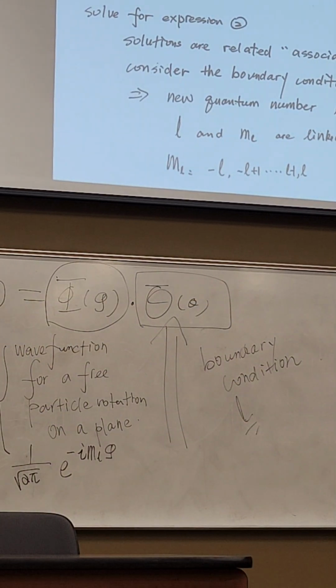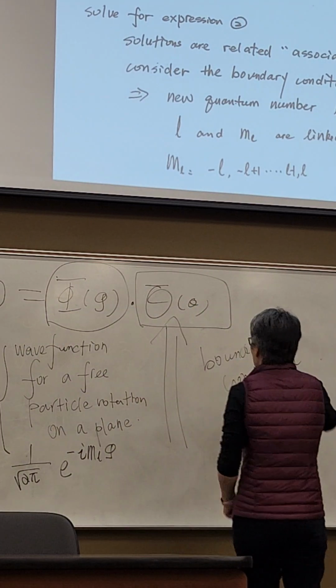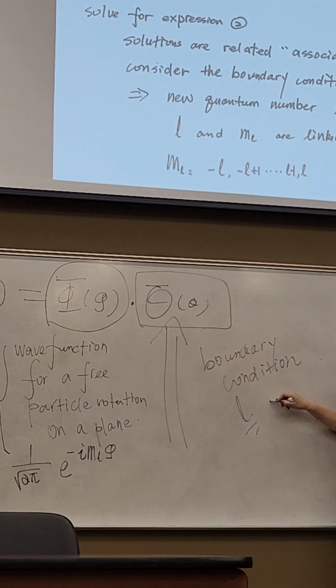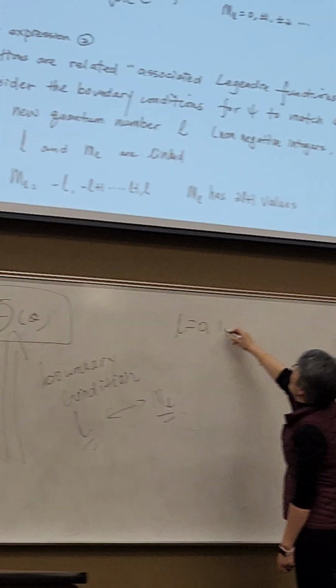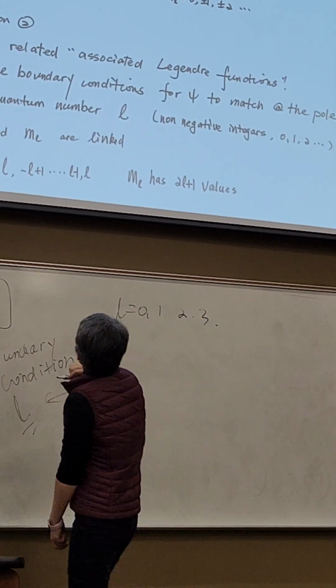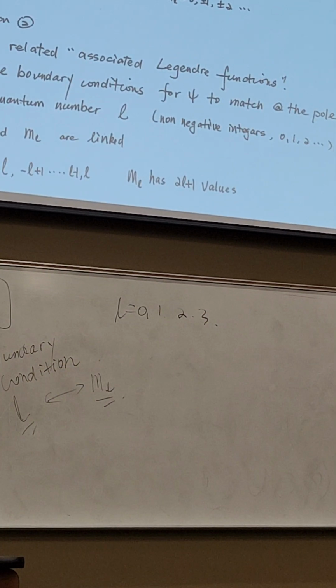And that's why we introduce another quantum number, L. By solving those two individually, however, solving for theta has a link to m sub L, so there's a constraint on what m sub L value is going to be, depending on L. So by solving the whole thing, L can take, I'll give you the exact values, L is a non-negative integer.